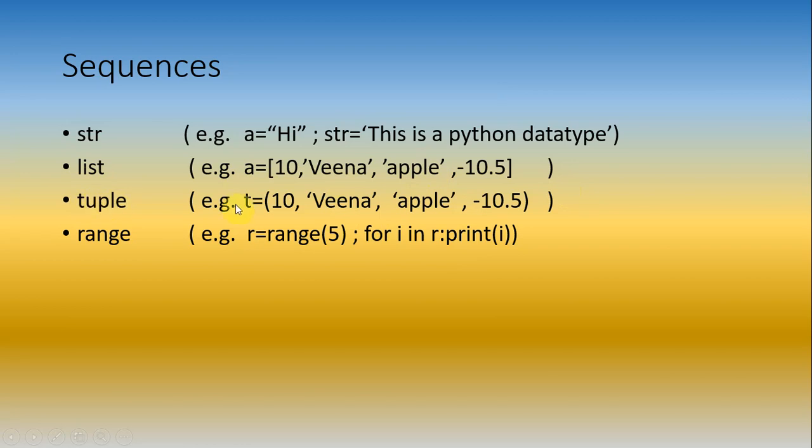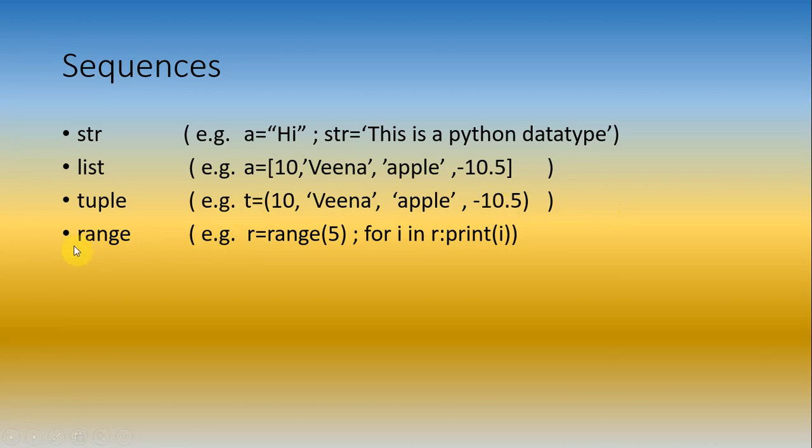Tuple is enclosed within circular brackets. So all tuple elements are enclosed within circular brackets, and they can also have tuple elements either of the same data type or different data types. Here also 10 is an int, Veena is a string, apple is a string, minus 10.5 is a float.